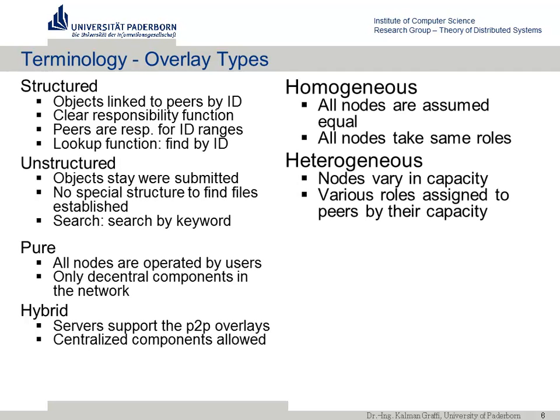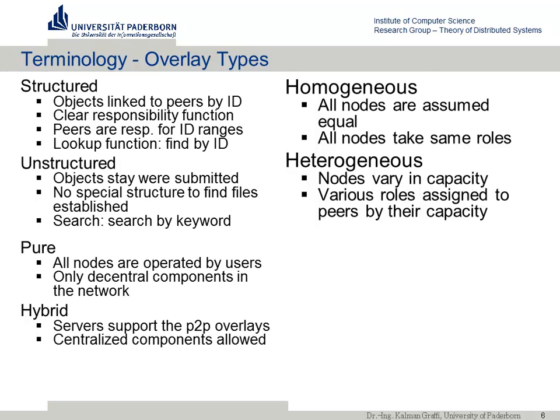Then we have homogeneity and heterogeneity. Homogeneity is referring to the Greek verb of being equal, and there also the concept is that all the nodes perform the same protocols, so they are all equal in their roles, and they do basically the same. In heterogeneity, we assume that the nodes have different capacities, and we should also give them different roles according to their capacity.